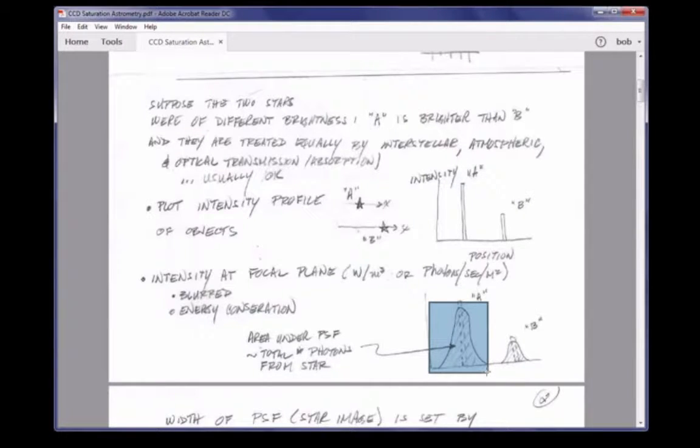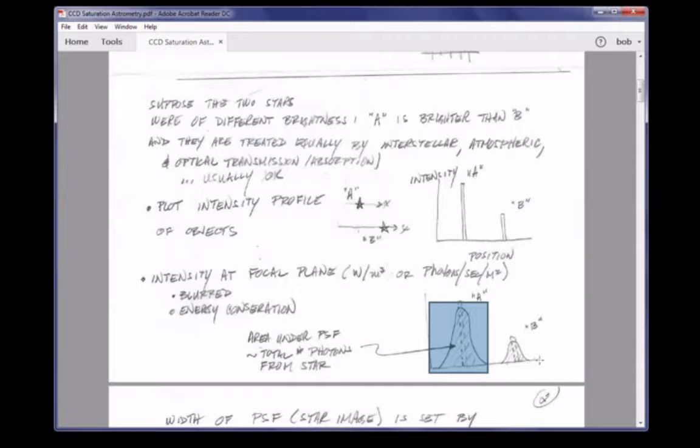And so the area under that point spread function is still a representation of the brightness of the star. Hence, the little bell curve that represents the image of star B, the fainter star, has the same shape, but it's smaller.